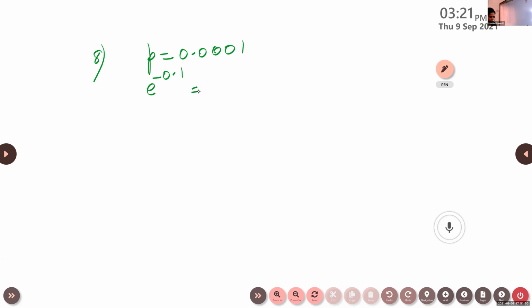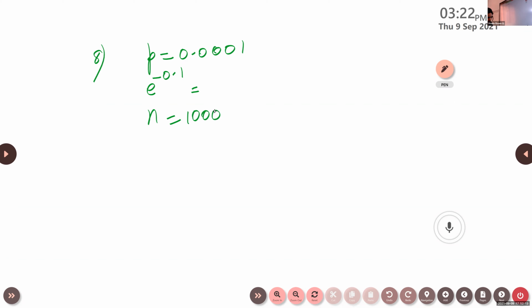Okay, so look here: at a busy traffic intersection, the probability of an individual car having an accident is 0.0001. During a certain part of the day, a large number of cars, say 1,000, pass through. Here n is given as 1,000, which is very large.